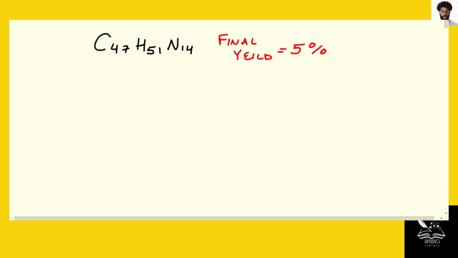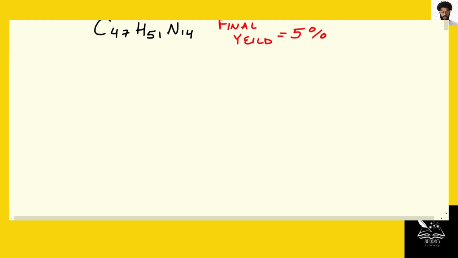So assuming that each step has an equivalent yield, what is going to be our average percent yield for each step in this synthesis? So if you imagine we have our starting reactants here. I'm just going to write R for our reactants.